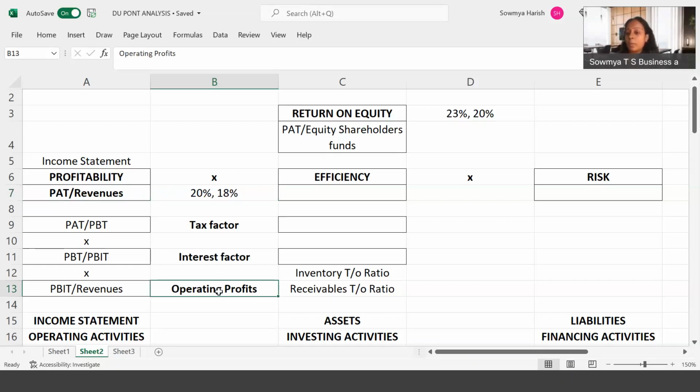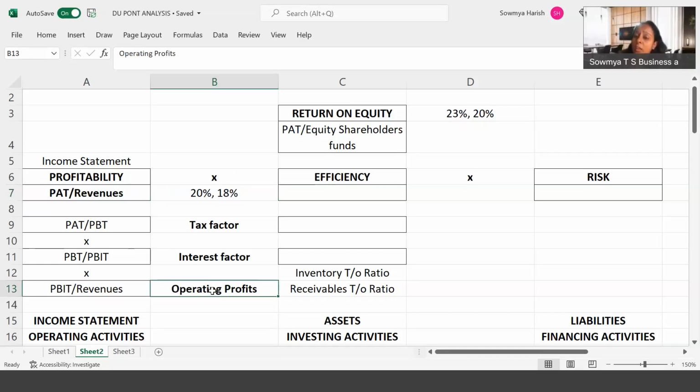And this operating profit is something which will very significantly influence the change in profitability. So a small change, whether it is 2% or 0.2%, should be taken seriously. Here we know that operating profits can cause a big change in the profitability, which in turn can cause a big change in the return on equity.